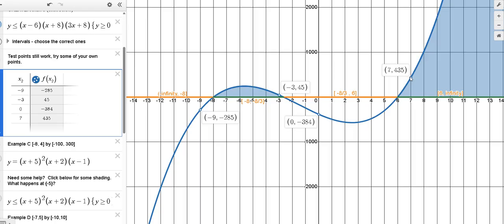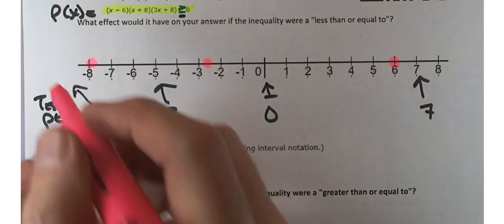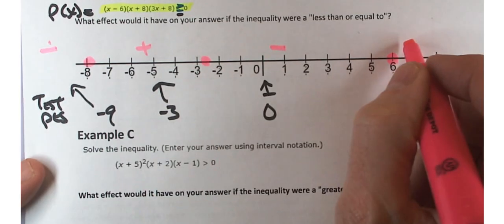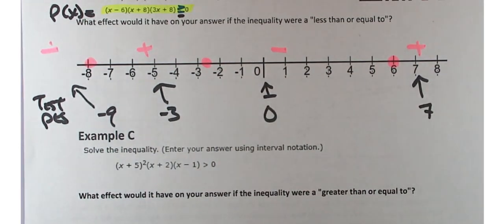And what you see is that the sign of this, whether it's above or below the x-axis, is reflected in the y-coordinate. It goes negative, positive, negative, positive. And that's the information we're looking for. We want to know where is it positive, where is it negative? That's what's going to tell us what our answer is going to be. So let's write that down. It's going to be negative here, then positive, then negative, then positive. So great.